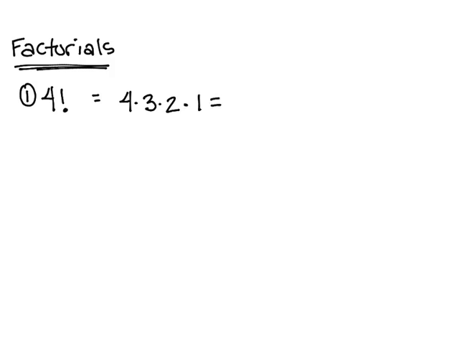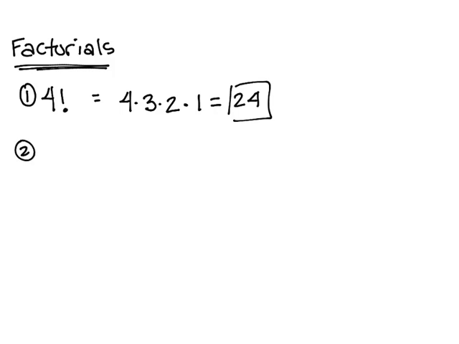It is the counting down multiplication of that number till you get to 1. You know you're dealing with a factorial because it has an exclamation mark behind your number. So 4 times 3 times 2 times 1 gives you 24.